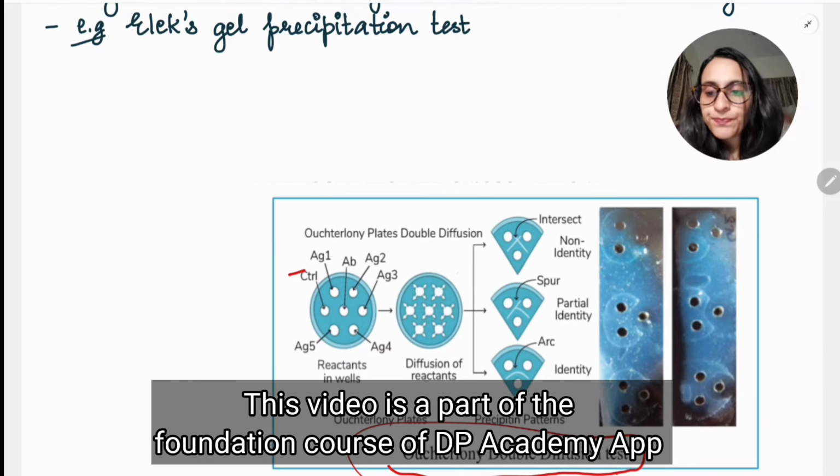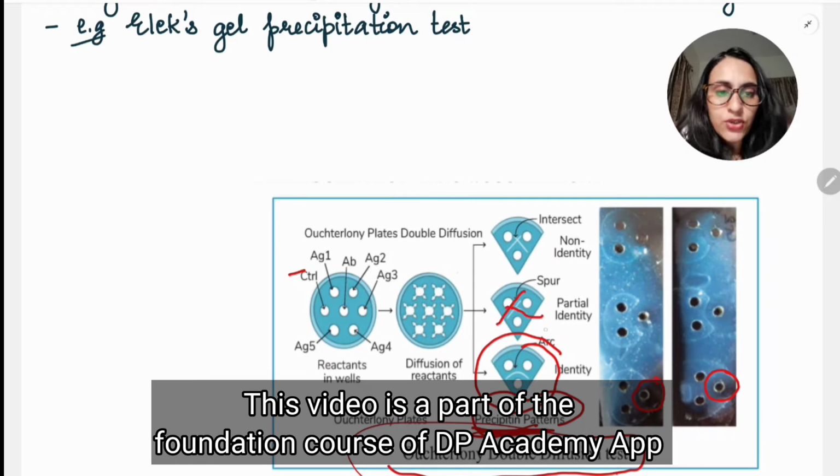So they start showing an arch. If they show an arch, that means the precipitate is formed. That means the antigens are identical. The different antigens you are taking, if they are identical, then they are going to form the arch. You can see here the arch is formed.